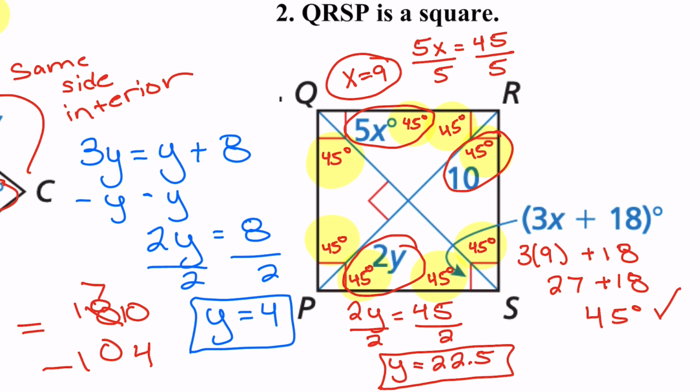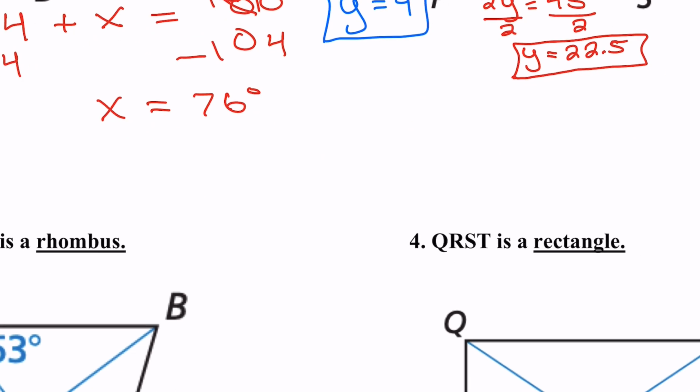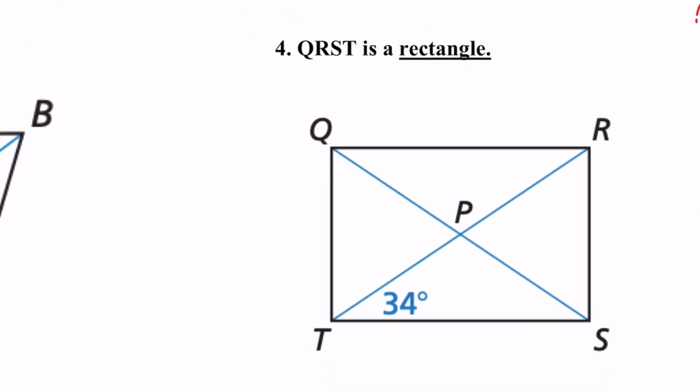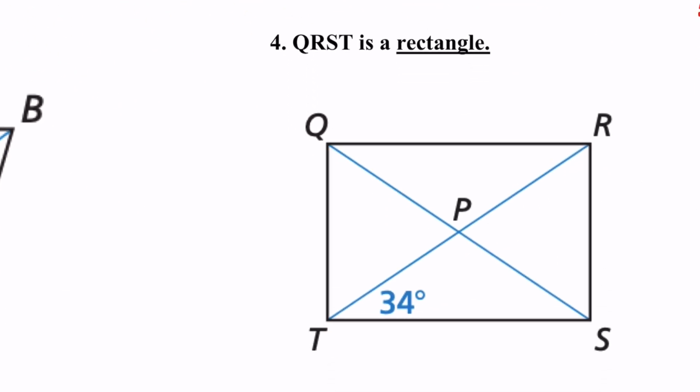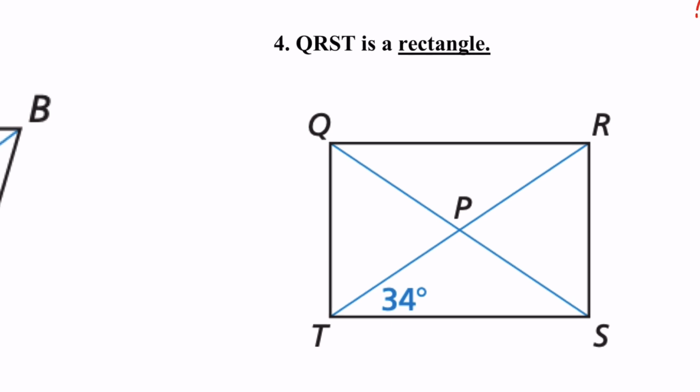Now let's try a rectangle. In number 4, it says that QRST is a rectangle. I am given one angle measure, and they want me to fill in all the rest of the angle measures. So scrolling down to my chart, I want to see what's true for rectangles.